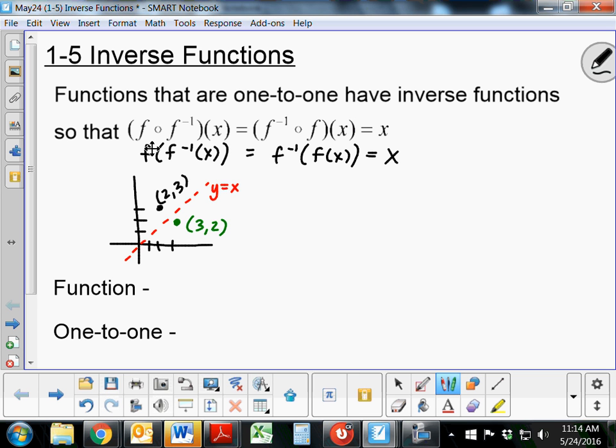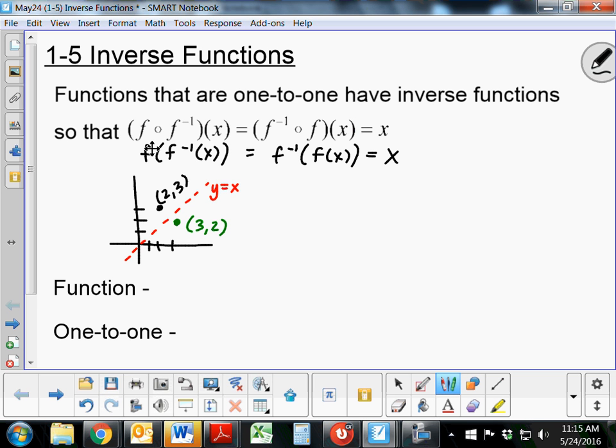When I say function to you, in order to be considered a function on your very first day of Algebra 1, it does have to pass the vertical line test. That means that all of my x's, like 2, for example, at 2, 3, there's only one y value attached to it. That's what it means to pass that vertical line test.